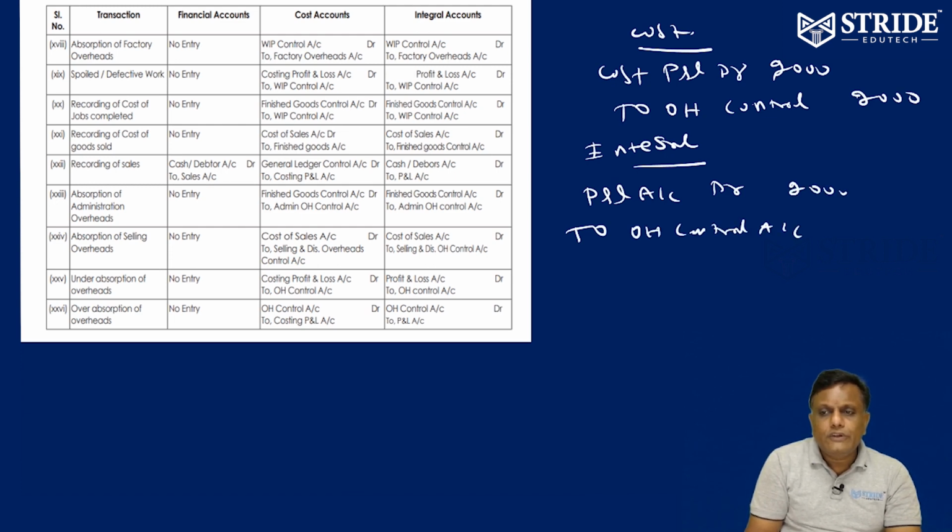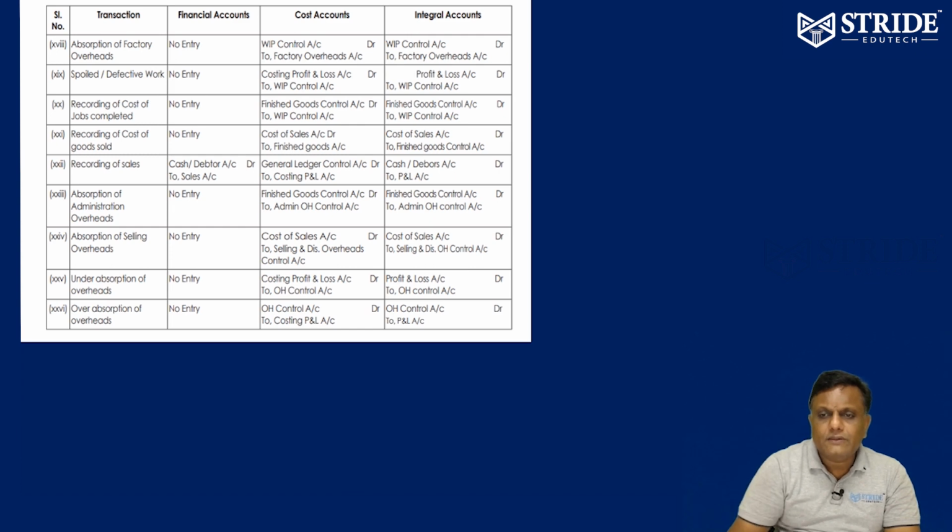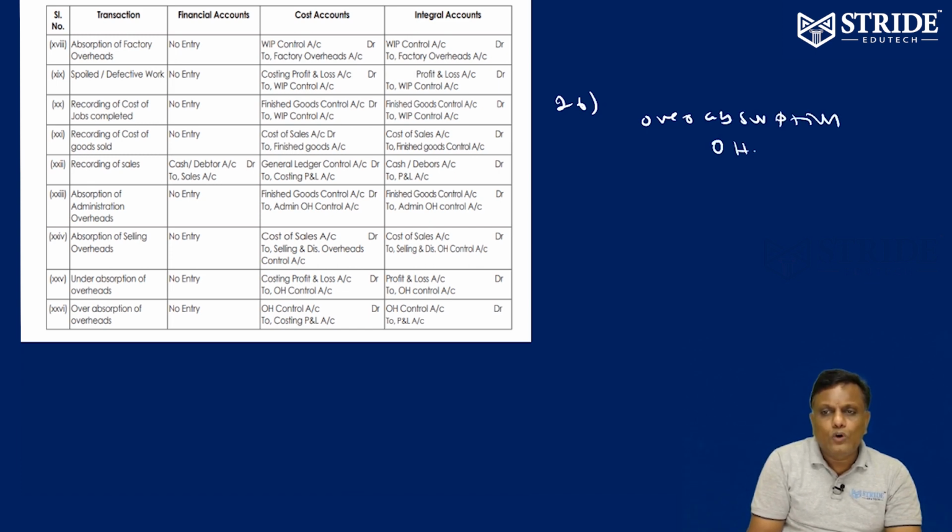Amount 2,000 in my example. Now transaction number 26, over absorption of overheads. Here estimation versus actuals: estimation 10,000, actual overhead 7,000.